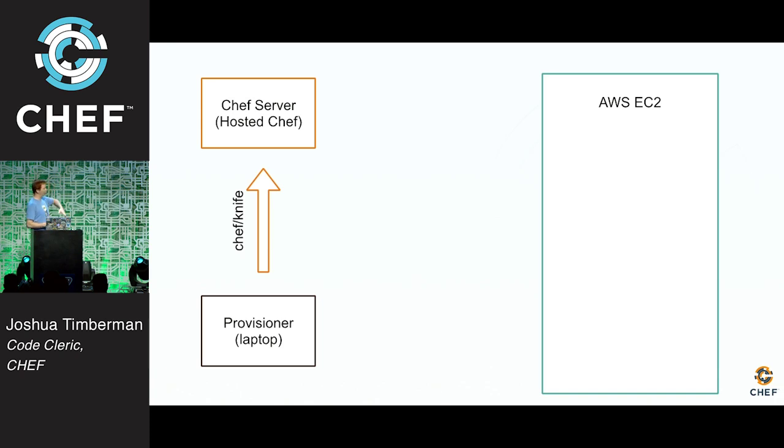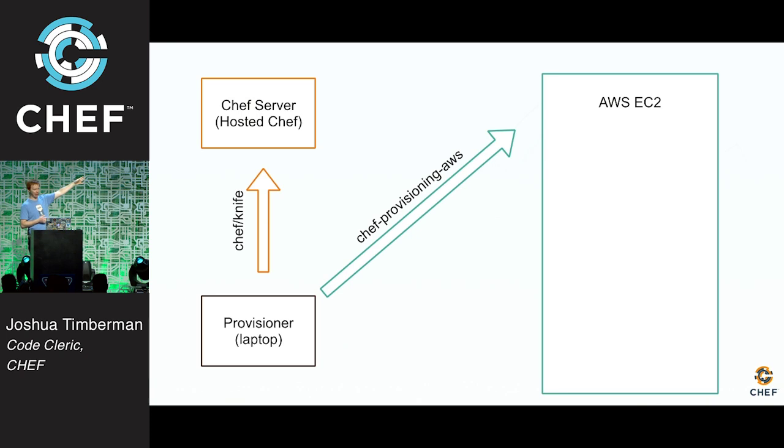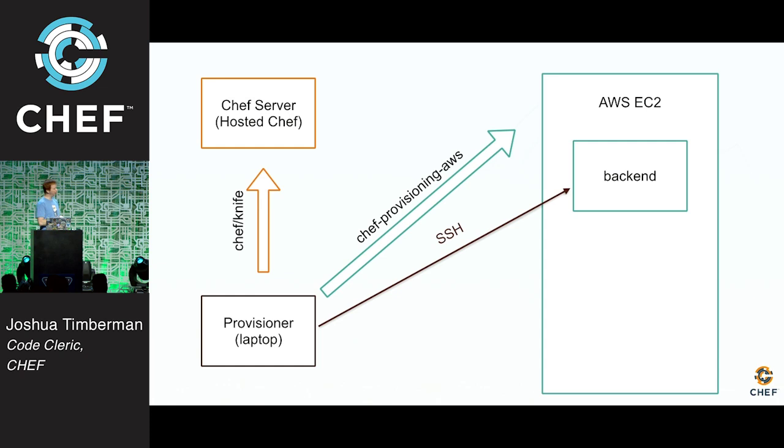I'm going to use Chef DK and Knife to upload what I need to the Chef server. I'm going to knife upload my cookbooks. Then it's a provisioning node that I'm going to run Chef Client on, which runs the Chef provisioning recipes. Since I told it to use the AWS driver, it talks to AWS EC2.